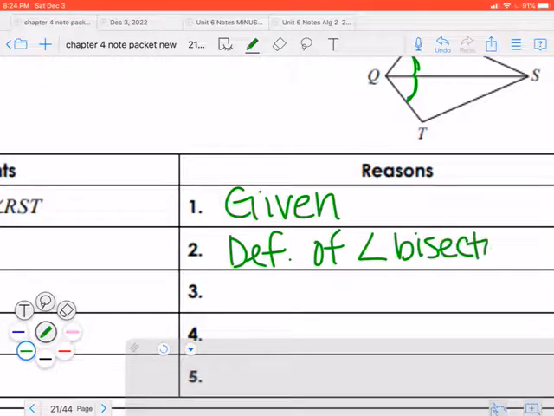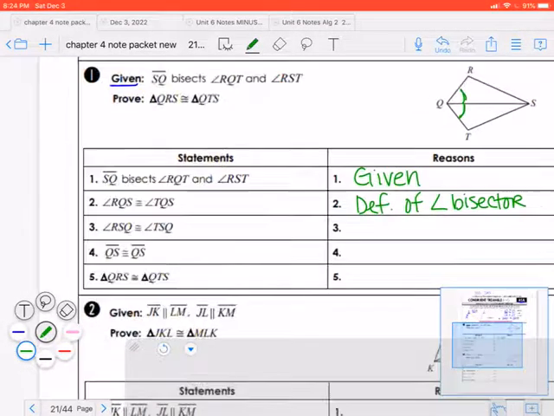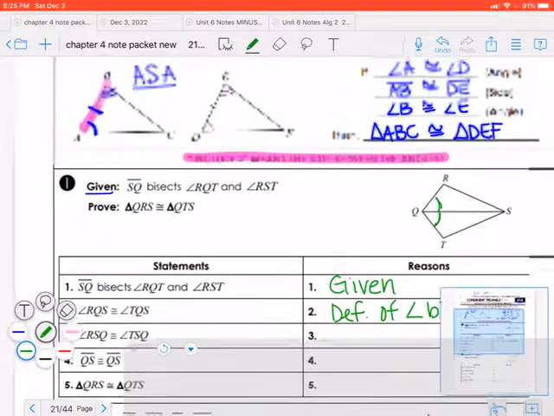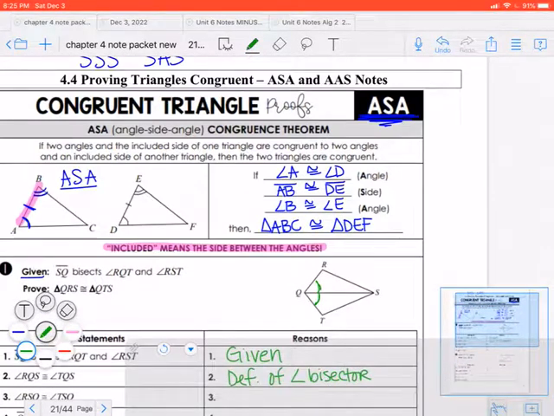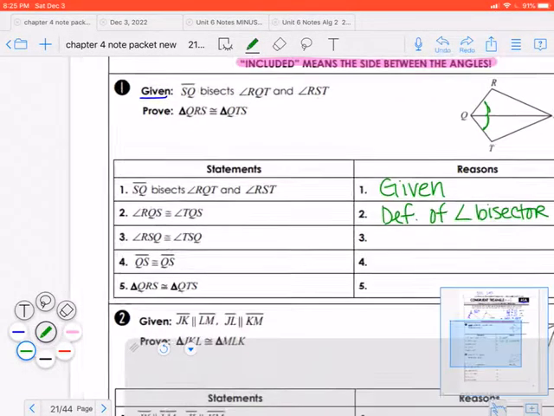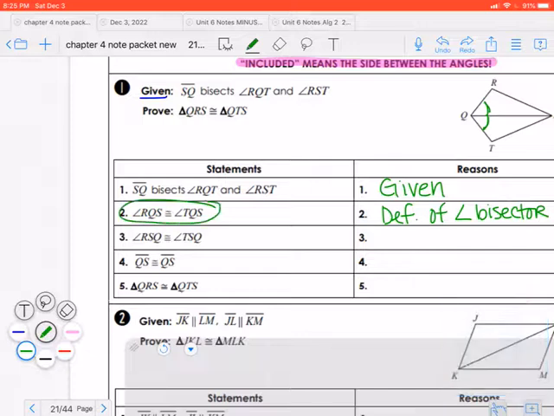We have to keep in mind our theorem of what we can use, angle, side, angle. So far in this proof, we've proven one angle.